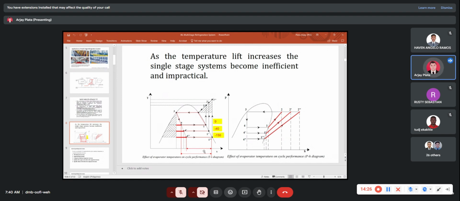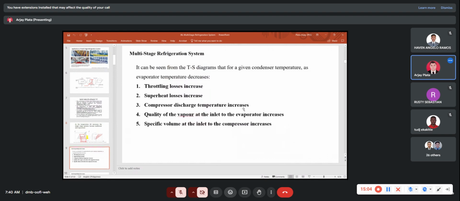So if you are still using the standard vapor compression, the refrigerating effect becomes smaller and smaller. The coefficient of performance will also be reduced because it is directly proportional to refrigerating effect.